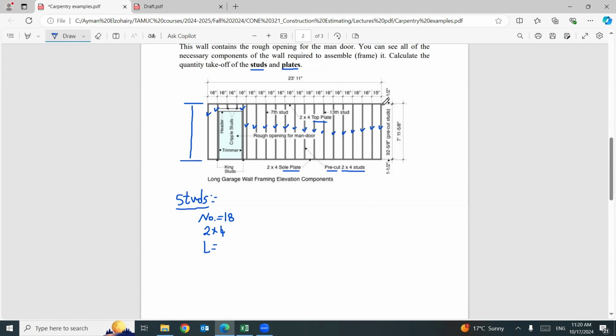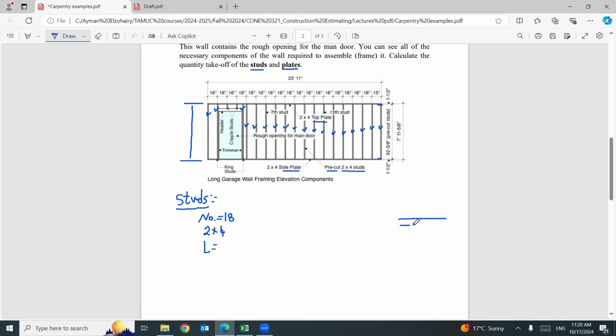So the distance from this face to this face is not 7 feet 11 inch and 5/8. No, you have to subtract the 1.5 and 1.5 because the given dimension is from the top to the top. Let me explain it here.